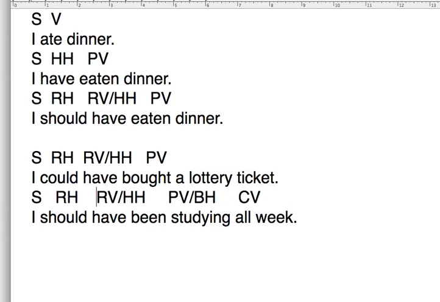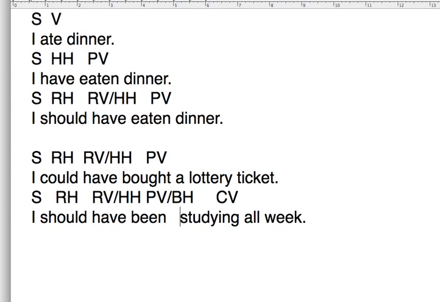But because it's a root helper, it needs a root verb to go with it. That root verb is have. Should goes with have. Have is also going to be a have helper that goes with the pre-started verb. And because it's a have helper, it needs a pre-started verb with it. So it goes with the pre-started verb been. Okay, PV is been. Been is also the be helper for the continuing verb studying.